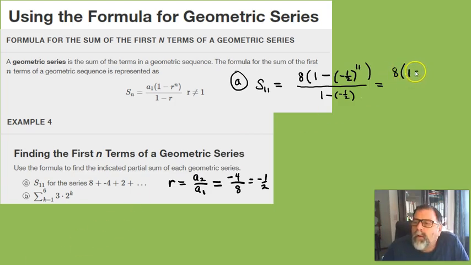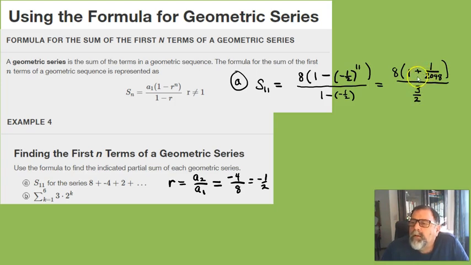So this will be 1 plus 1 over 2048. 1 minus a minus 1/2 is the same thing as 1 plus 1/2, which is the same thing as 3/2.